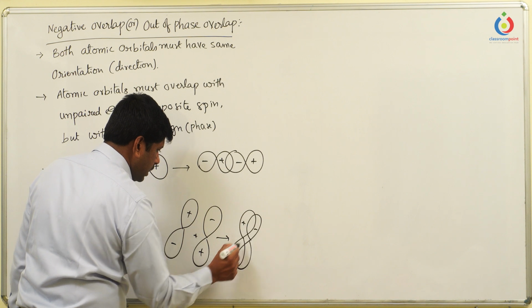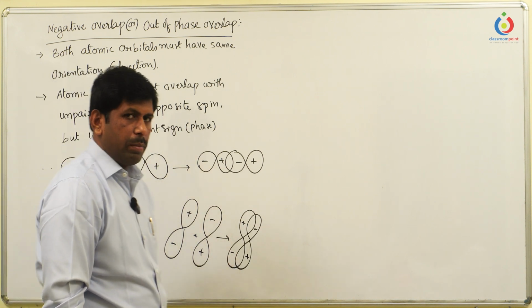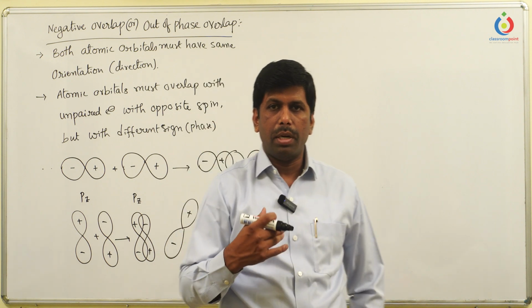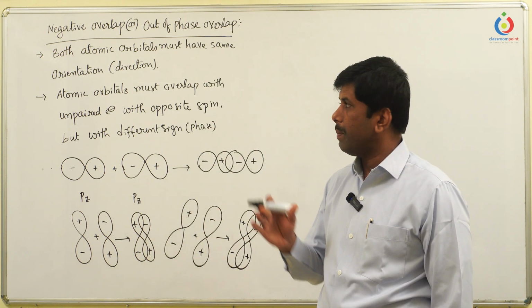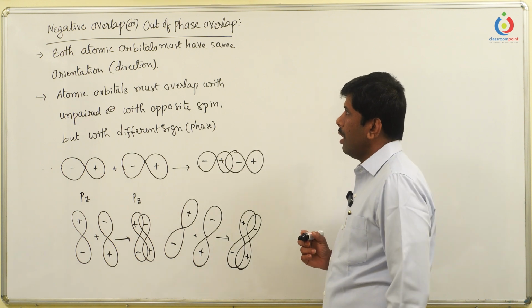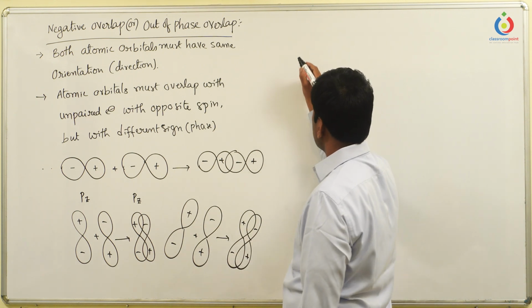So this type of overlapping of atomic orbitals having unpaired electrons, but with the unpaired electrons in different phases, is called out of phase overlap or negative overlap. This will not give any bond formation.